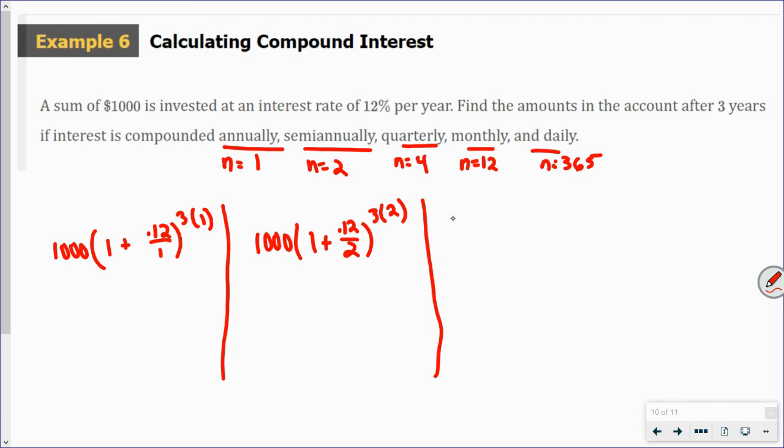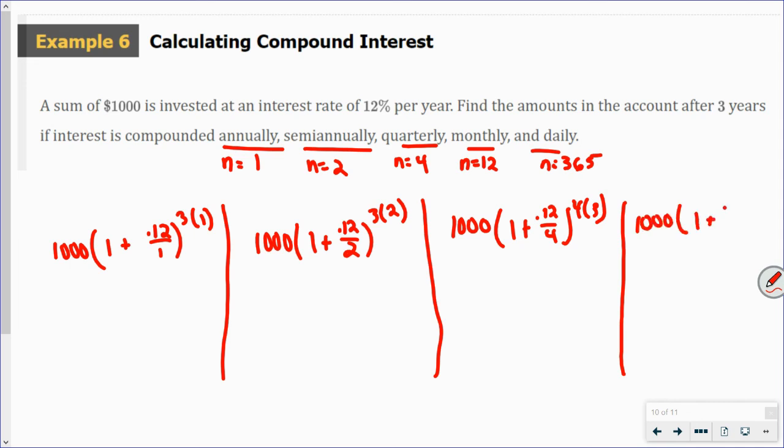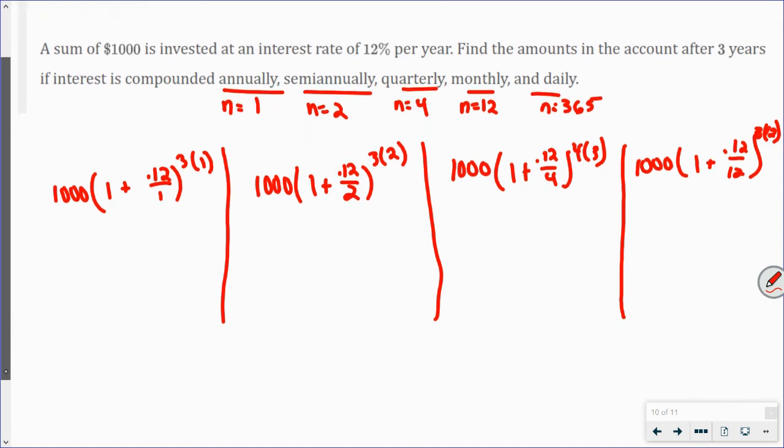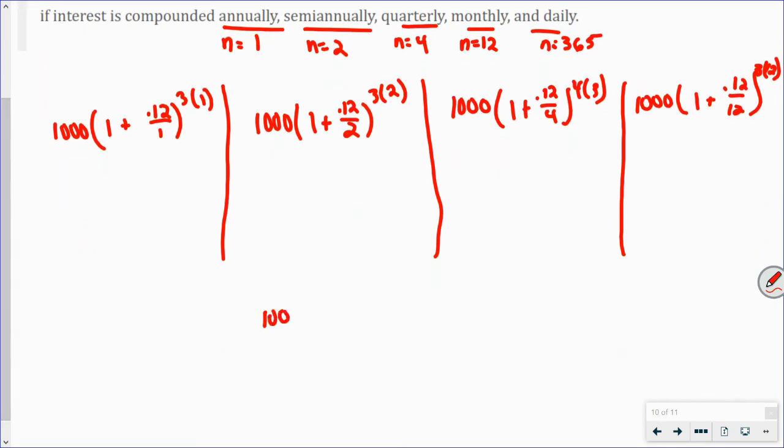Then 4: 1,000, 1 plus 0.12 over 4, 4 times 3. We have 1,000, 1 plus 0.12 over 12, 3 times 12. And then our last one would be 365.